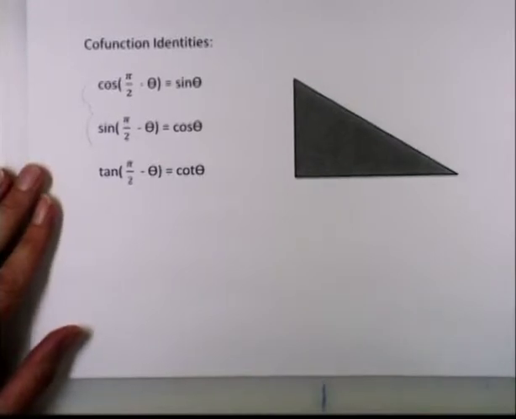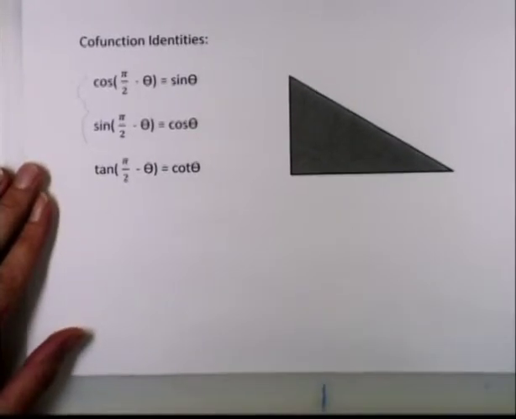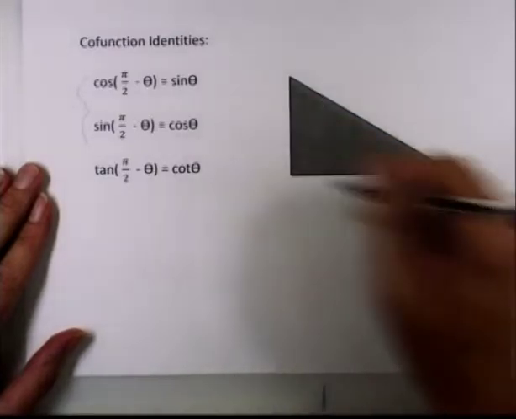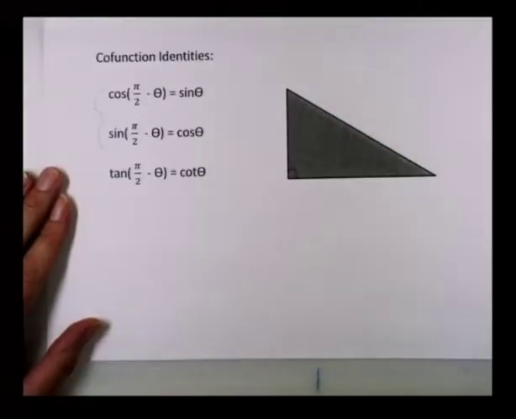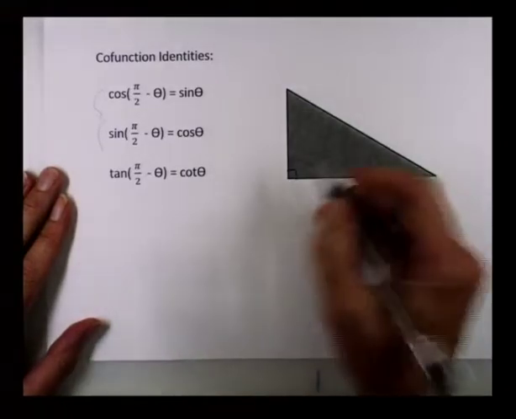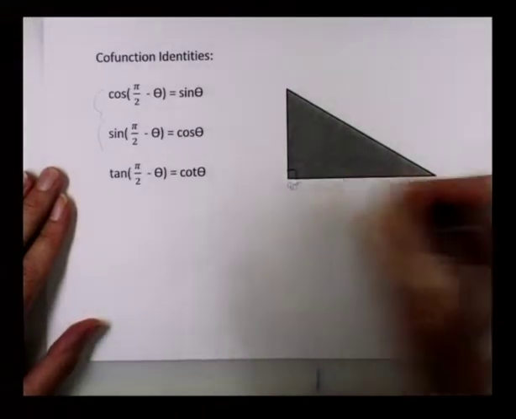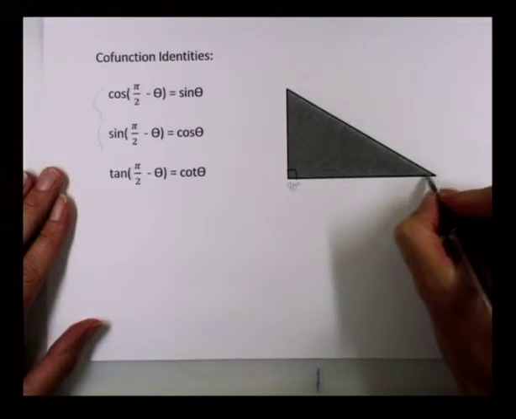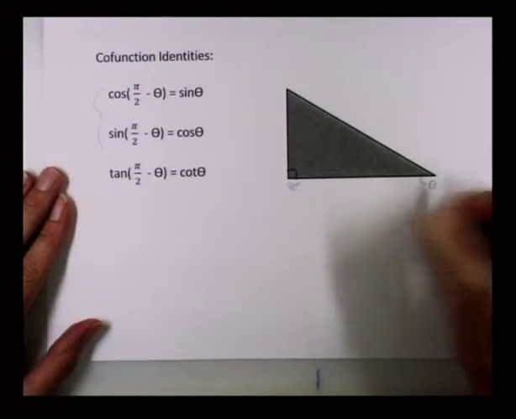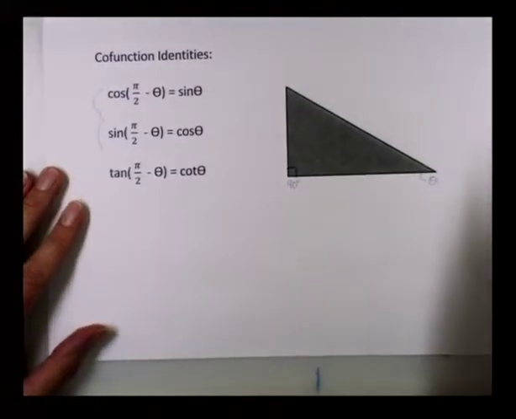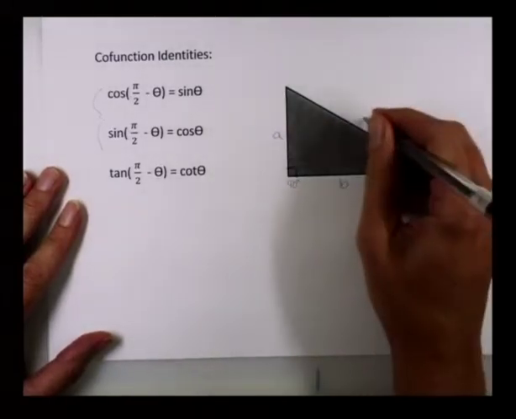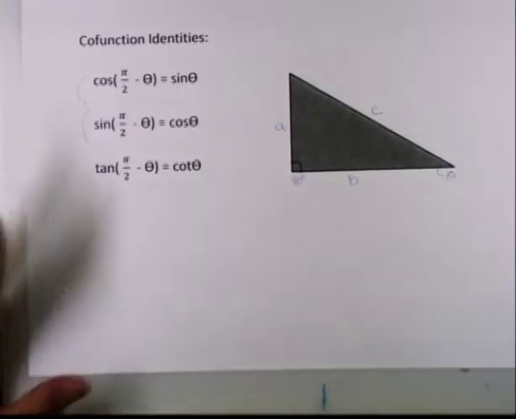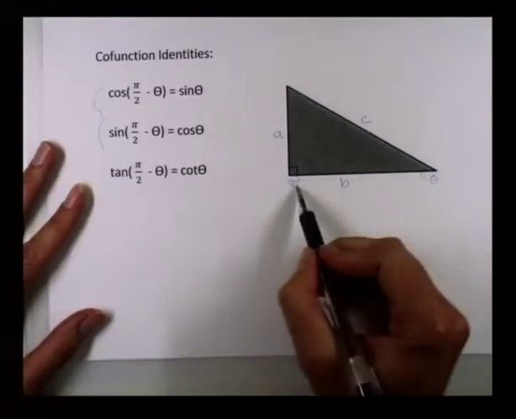So when we look at these, I wanted to show you visually what we've got here. If we have a right triangle, and remember that trig ratios always come from a right triangle, so this is a right angle, 90 degrees, and let's say this angle down here is theta. It's kind of hard to read on gray, I'm sorry. And then let's label our sides A, B, and C. Since this is a right triangle, this angle is 90.